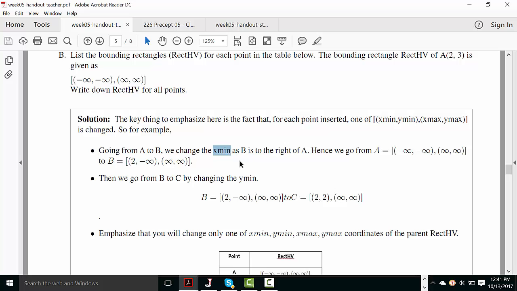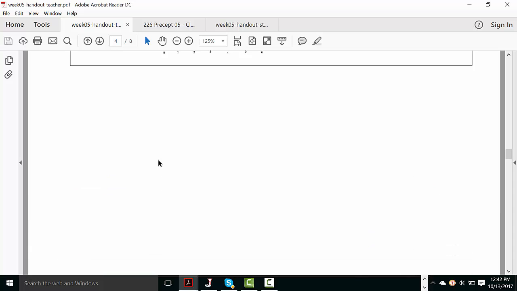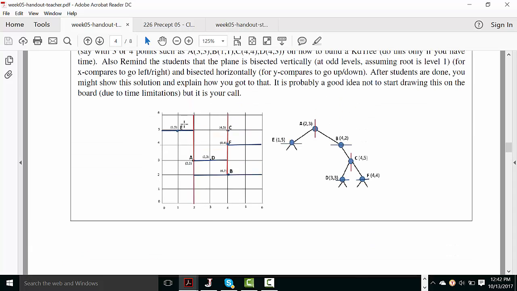And if you go to the right of the node and you compare y, you change y min, and if you compare y coordinates and you go to the left, you change the y max.